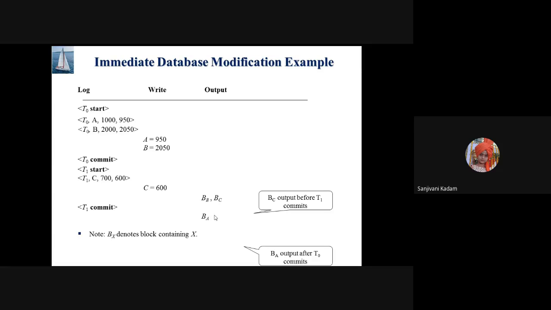So here, A got updated first, B got updated second, and C got updated third. Still, we have a different order for the block writing. It means the T1 commit changes are done after the T1 commit has been done. So this was the only point. Please go through this example for a while.